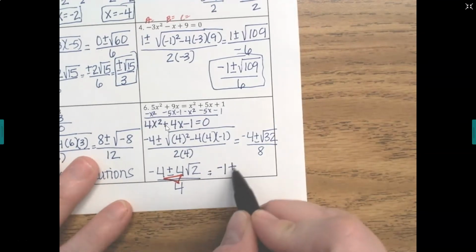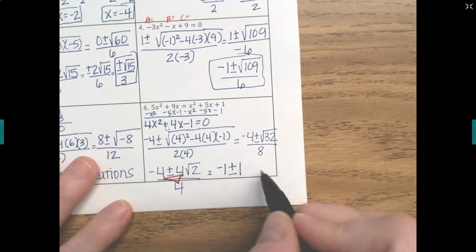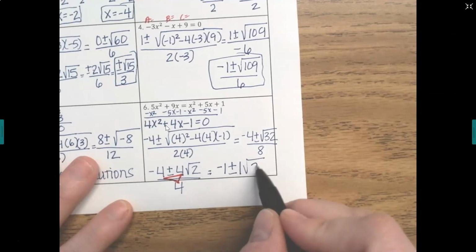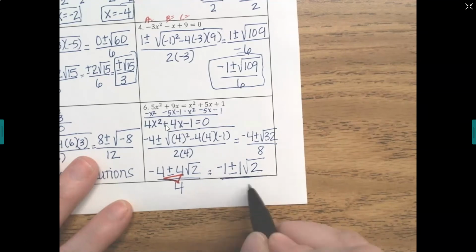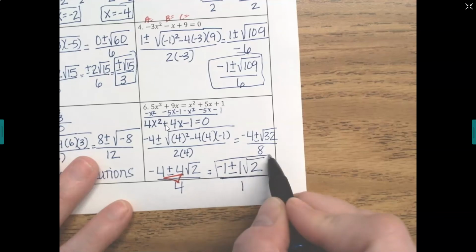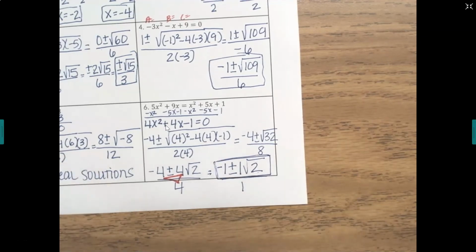Then I have plus or minus. The 4 there is going to be a 1, which you don't have to write. You did have to write this one. Square root 2, because that's under the radical. We're not dealing with that right there. All over 1. So really, we don't need the over 1. This becomes your simplified answer right there.